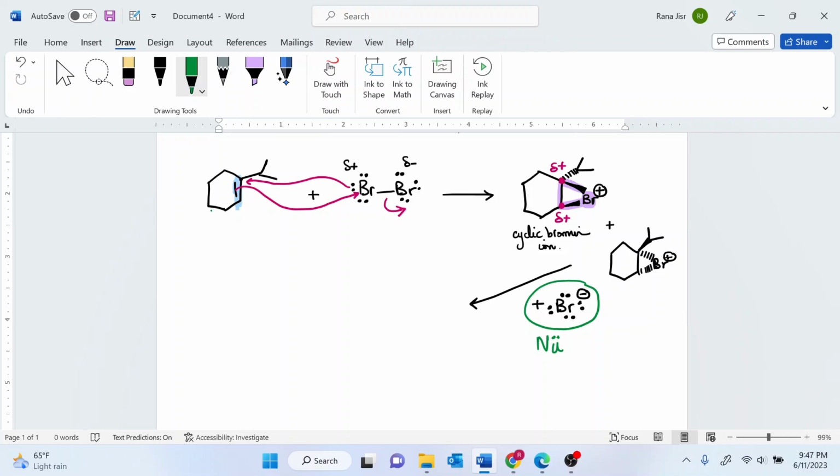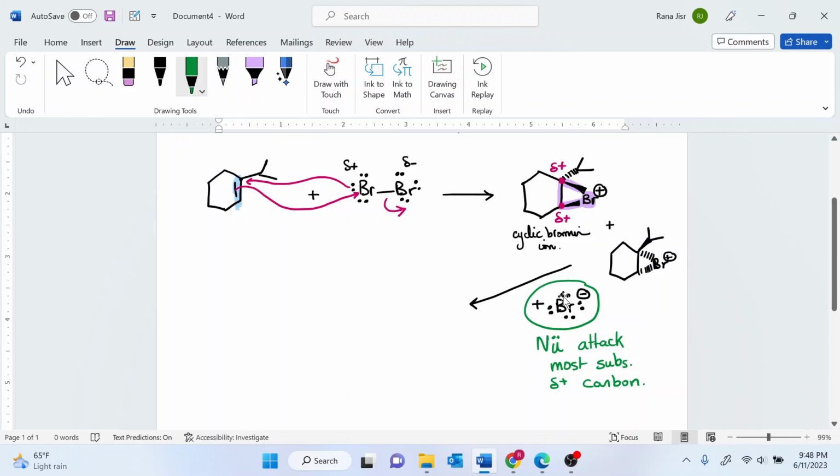So the rule says that the nucleophile is going to attack the most substituted partial positive carbon. Okay, so if I'm comparing between those two carbons in there, this one is going to be the most substituted one. So this means that the bromine is going to come and attack.